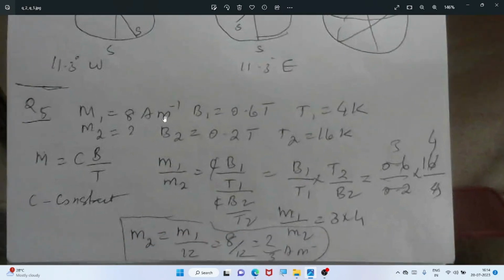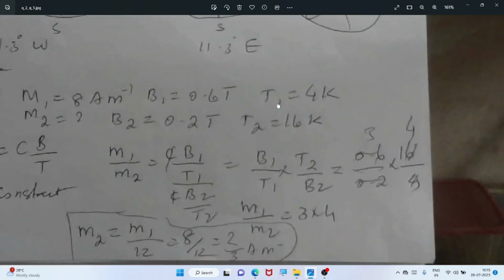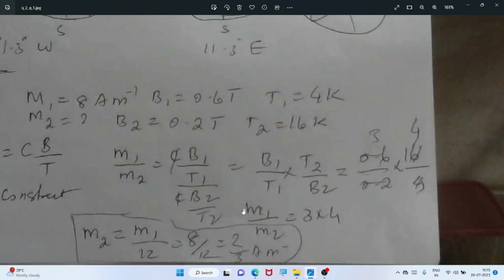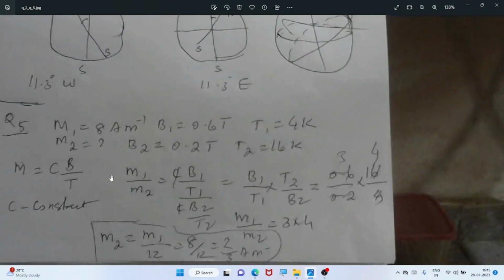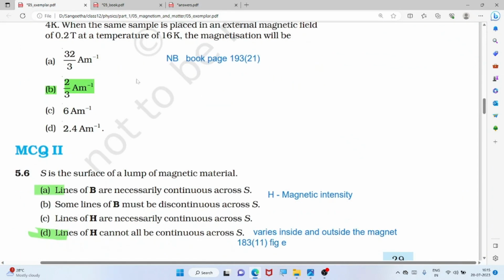This is what is given, and they are asking what is M2. So M1 by M2, the constant will cancel out, and based on that you will get 2 by 3.